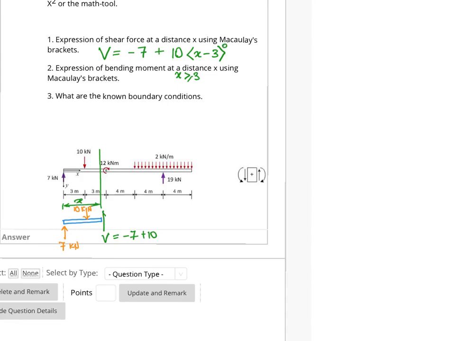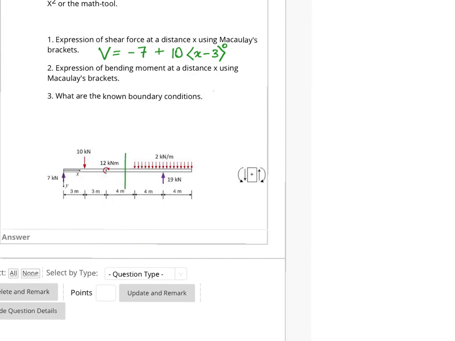Even when x equals 5, then 5 minus 3 is 2, so x minus 3 to the power 0 would be 2 to the power 0, which is 1. So when multiplied with 10, that would still give you the value of 10 as the shear force contribution from that 10 kilonewton load. Now let's move slightly further down.